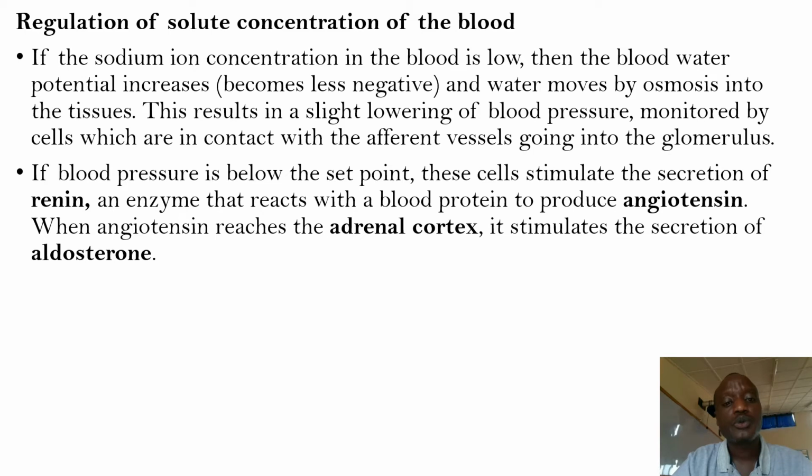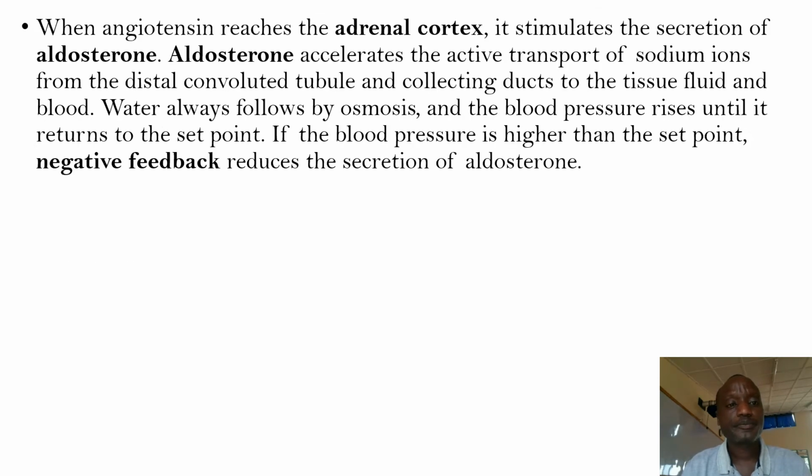It goes through the bloodstream until it reaches its target organ, which is the adrenal cortex. Then it stimulates the secretion of aldosterone, which is another kind of hormone. So let us see what would happen when aldosterone is produced.